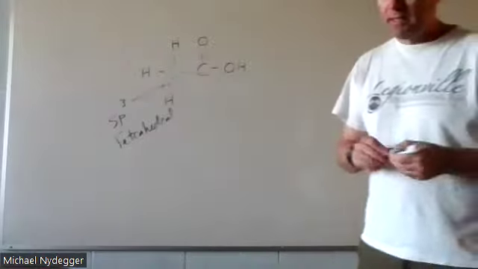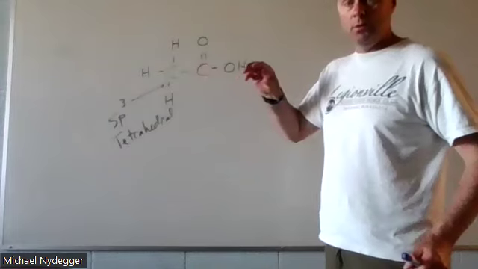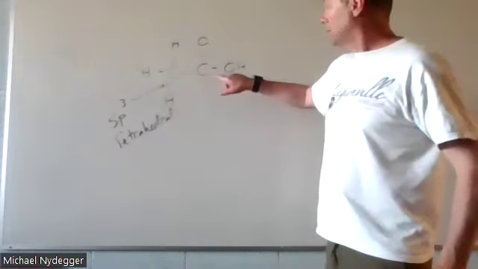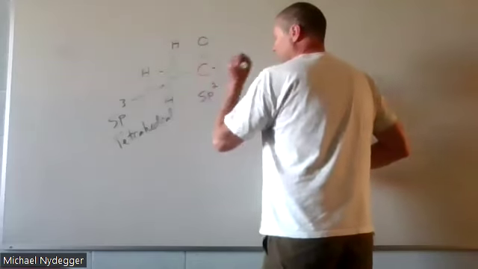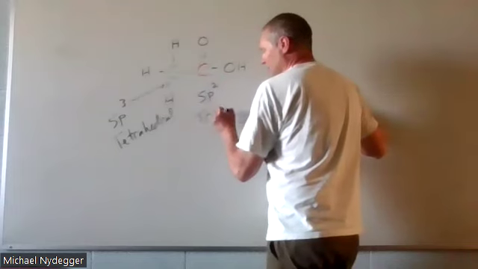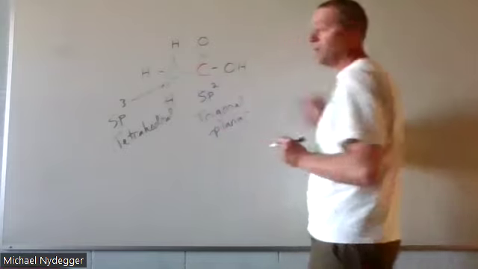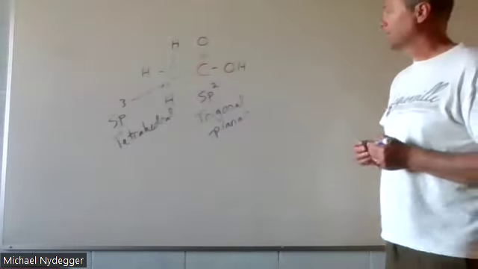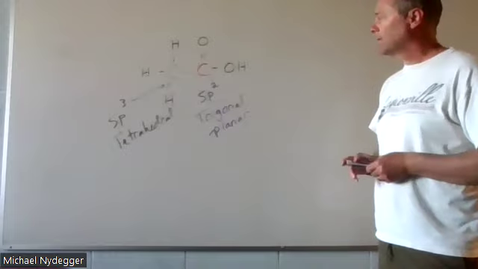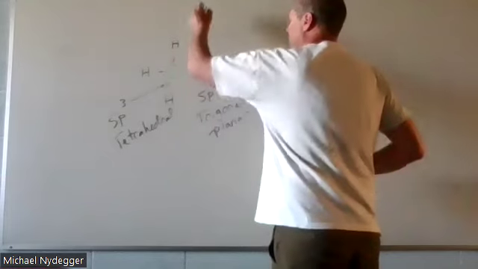This red carbon has how many things bonded to it? 3. 3, yep. So it's going to be sp2, and it is trigonal planar. And you'll see this one quite a bit.